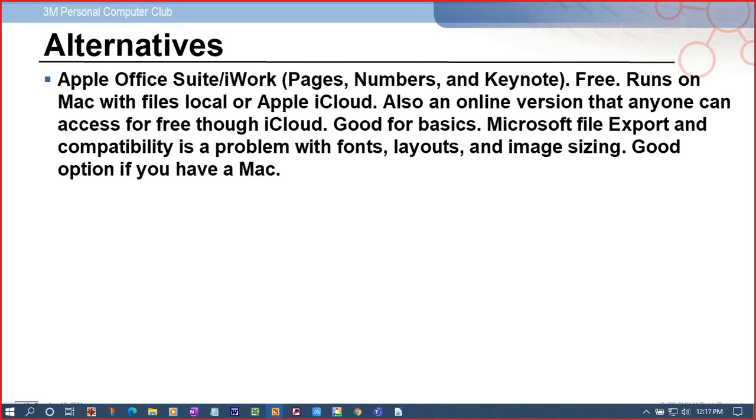So this online version from the iCloud, anyone can access it for free. It again is good for the basics. Microsoft file export and compatibility is a problem with some of the fonts and layouts. But if you have a Mac, certainly this is an option to look at. If you don't have a Mac, I'd recommend Google Docs over something like this, but it can work and provide you the basics.